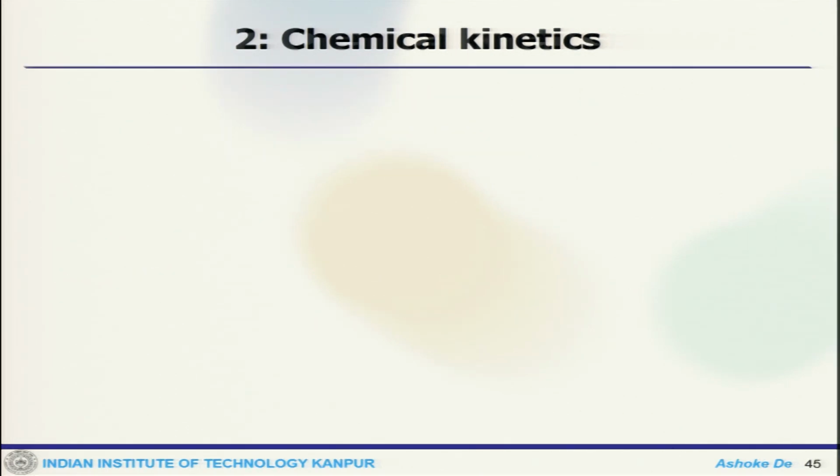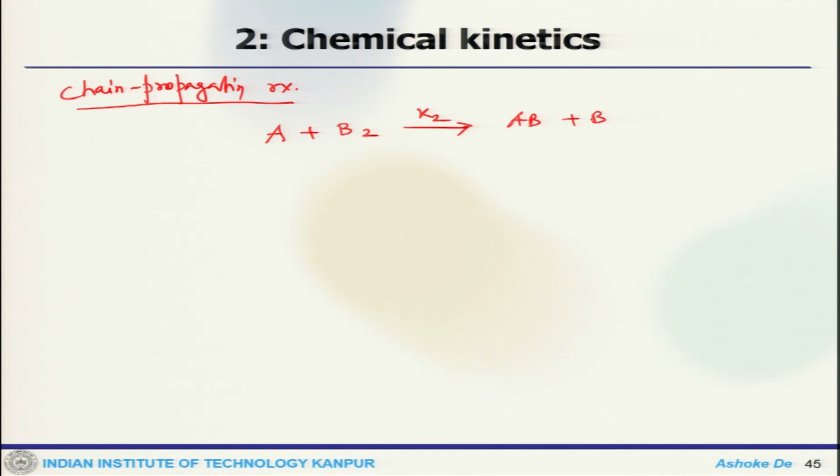Now, when you look at the chain reaction of this, there would be multiple steps. There would be first step which is called chain initiation. That means A2 plus M which will form 2A plus M. So, that is your first step. Once the initiation takes place, there would be chain propagating reactions, which will involve free radicals like A and B. So, it will go A plus B2 to AB plus B, that is K2, and B plus A2 to AB plus A, which is K3. So, after initiation there is a propagating reaction which will actually form the radicals.